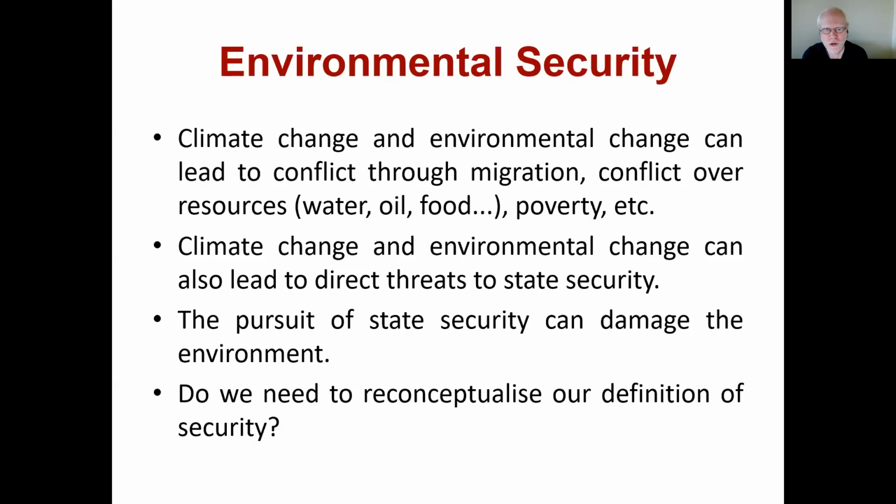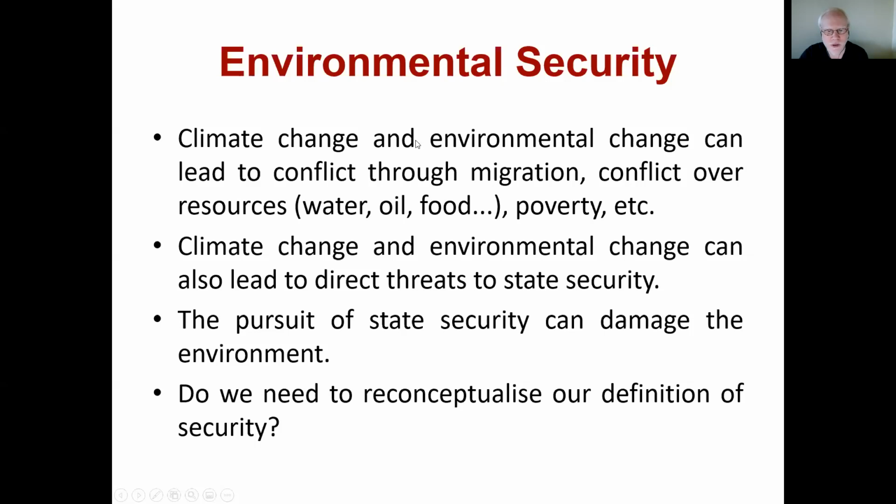All right, so now let's turn to environmental security. Climate change and environmental change can lead to conflict through migration and conflict over resources, some of the important ones being water, oil, and food, poverty, etc. Climate change and environmental change can also lead to direct threats to state security. So in this case, we can have indirect conflict.